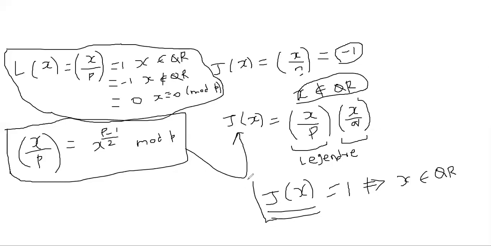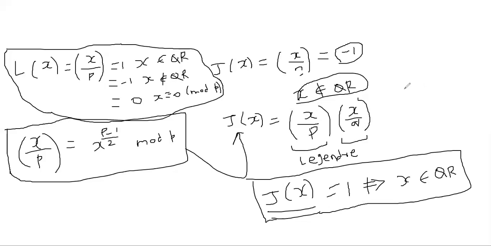Keep in mind that the Jacobi symbol of x being 1 doesn't tell you anything about whether x is a quadratic residue or not. But we do know for sure that if the Jacobi symbol is -1, x cannot be a quadratic residue. Without even knowing the factors of n, we can compute the Jacobi symbol, which we will talk about in the next segment.